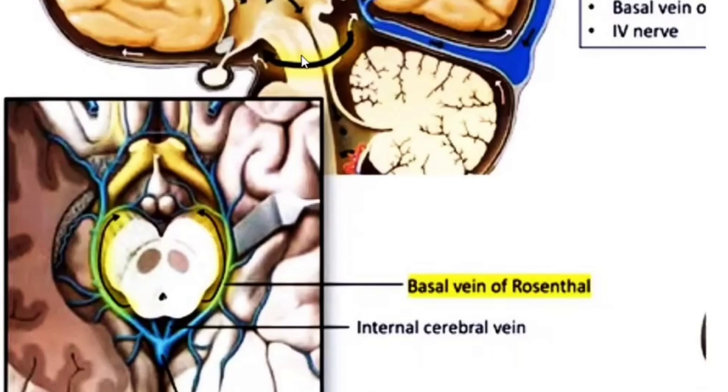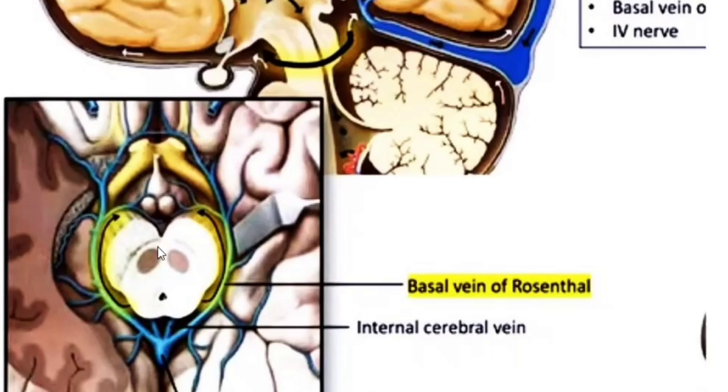The same midbrain, if we cut it into slices, gives the axial section. This is the sagittal section. In the sagittal section, this is the midbrain and the surrounding space, and this is the ambient system. The contents are the basal vein of Rosenthal and the PCA.